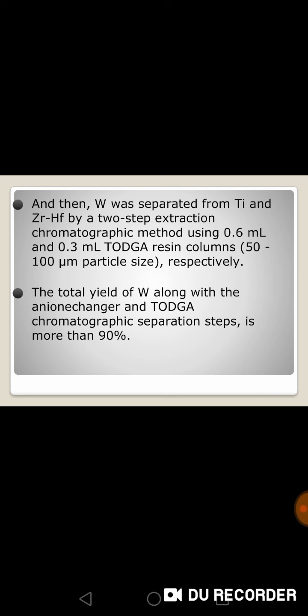The total yield of tungsten along with the anion exchanger and TODGA chromatographic separation steps is more than 90%. So overall, a large amount of tungsten is obtained through this.